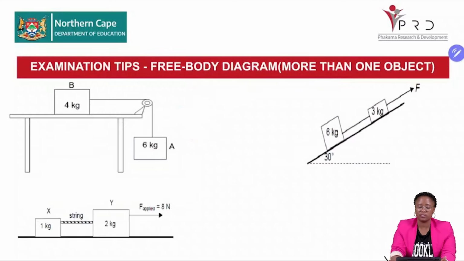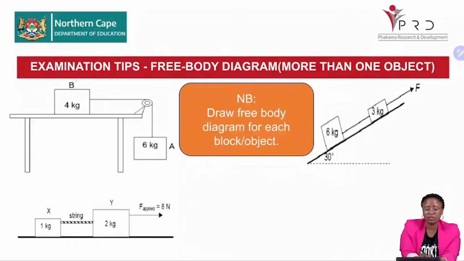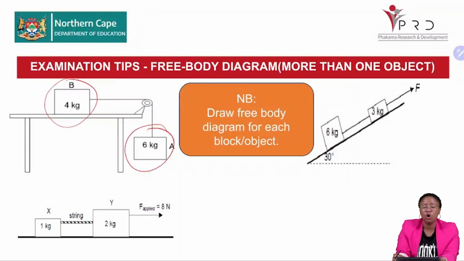Very, very important. Now, another exam tip that I want to give you is that when you are given more than one object, you see in the previous slide, we were only dealing with one object, but the examiner can give you more than one object. Then what do you do when you have to draw the free body diagram? The tip that I give you is that you must draw a free body diagram for each block or for each object. For example, in this scenario, you have B and you have A. What does that mean?